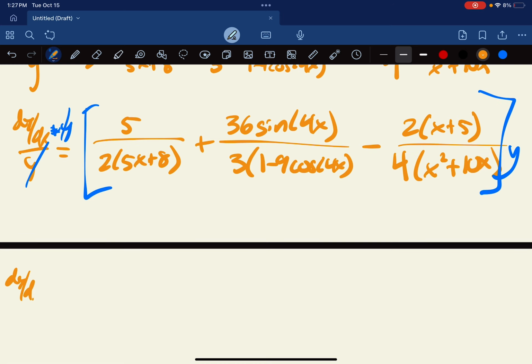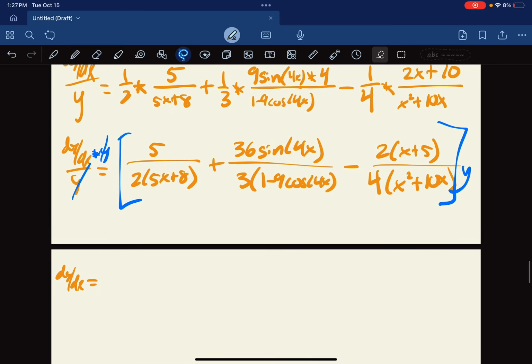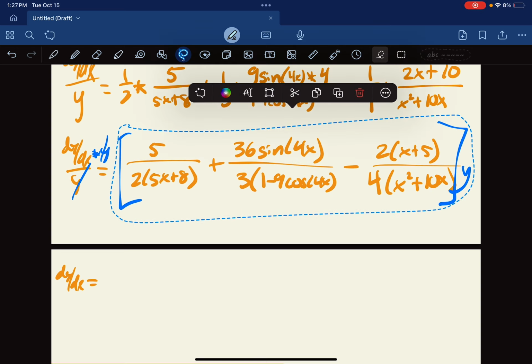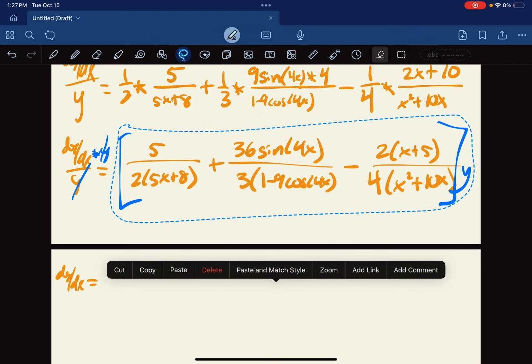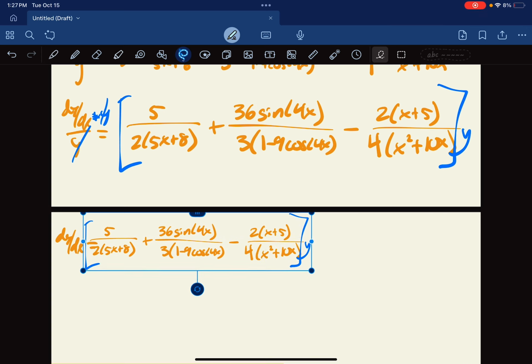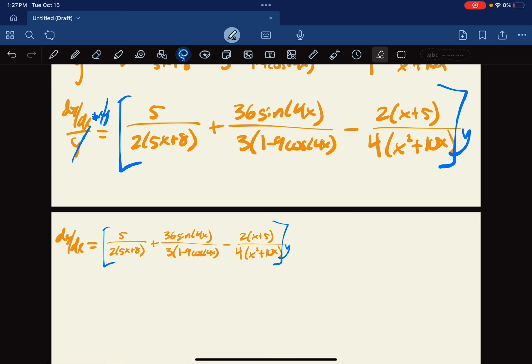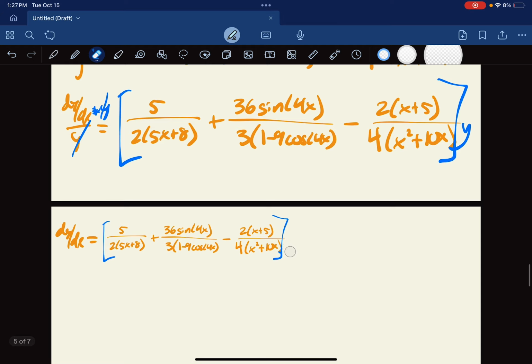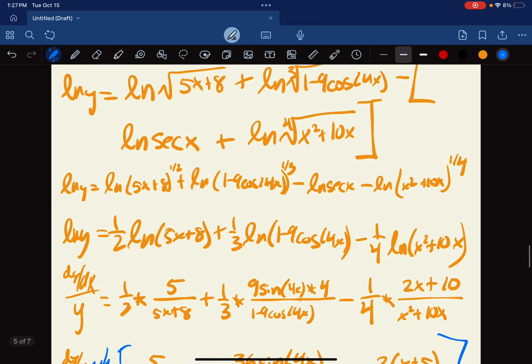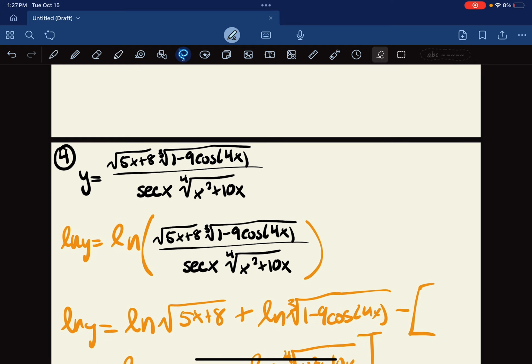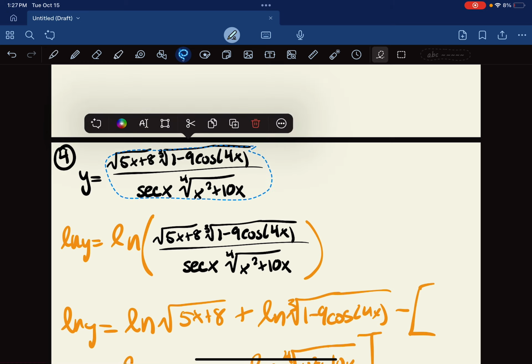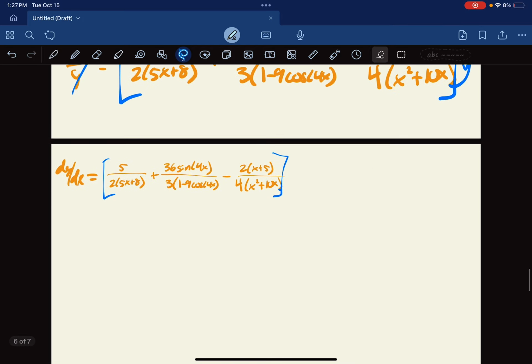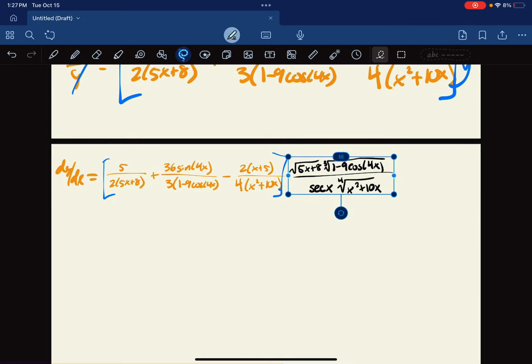So dy dx equals this whole thing, and then we substitute in for y. We just copy paste our original y. And that would be our final answer.